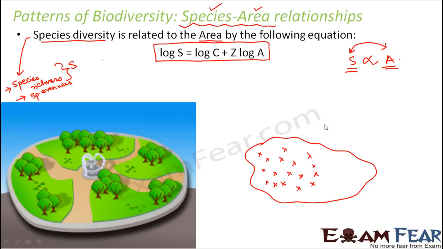As it reaches a certain point, the diversity of the species doesn't increase any further. That's because there are other factors which govern the species diversity. We have seen that there are climatic factors, availability of food, availability of water. There are so many other things which actually determine the species richness in a particular area.